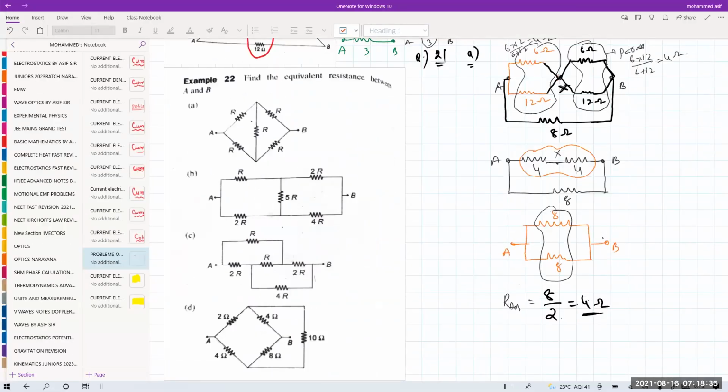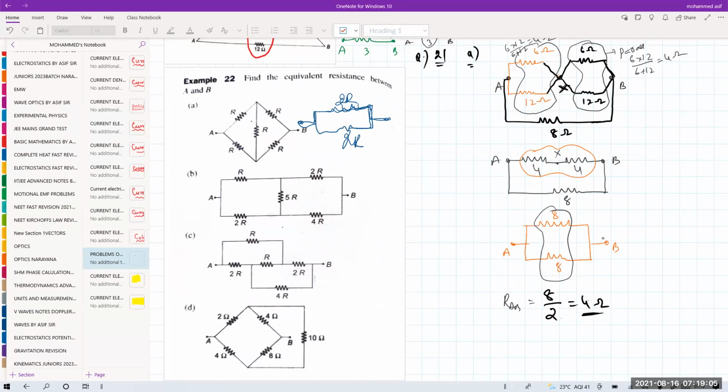So if I remove this ineffective one, these two will be in series, and these two will be in series. This will become 2R, and below is also 2R. So this one is 2R, this one is also 2R, and 2R, 2R in which combination?